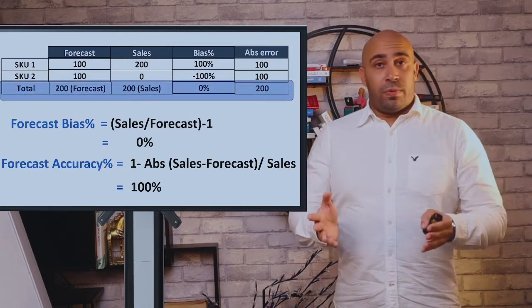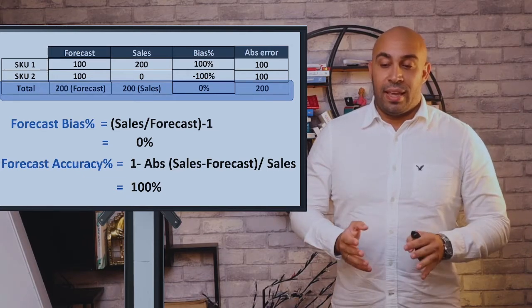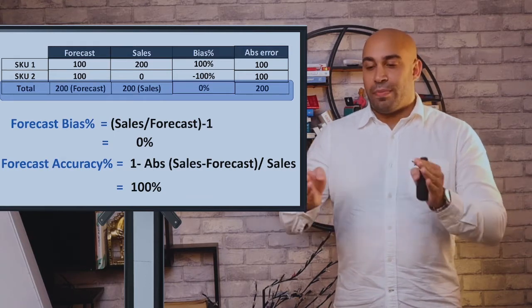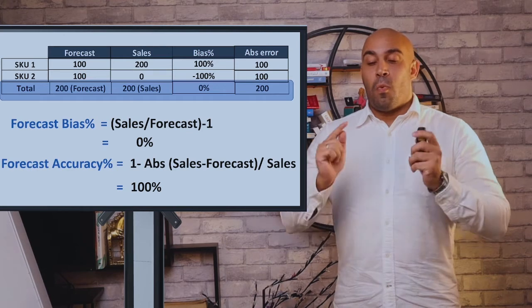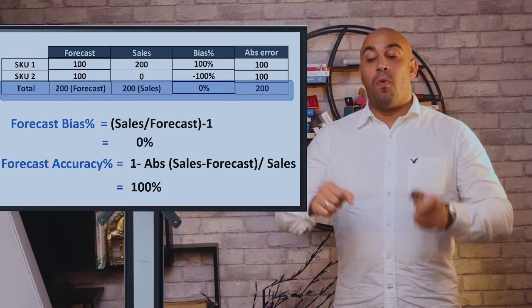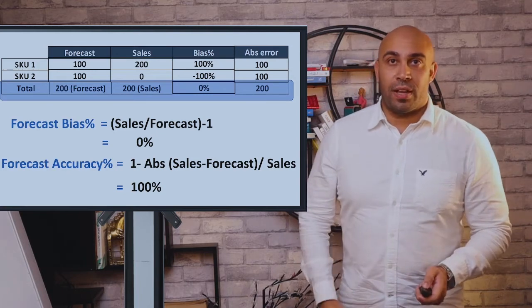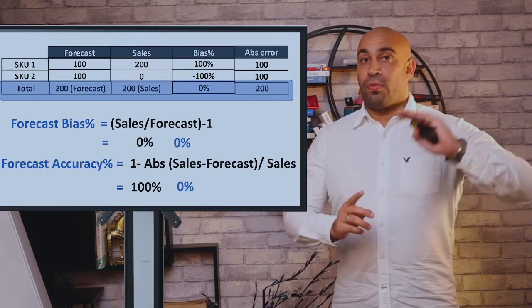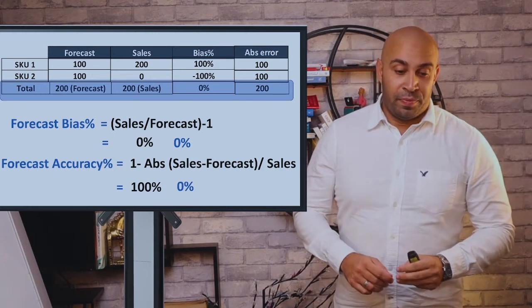Forecast accuracy, as we said, is 1 minus absolute sales minus forecast over sales. At this level, the absolute error, which is sales minus forecast at SKU level, will be 200. Then 1 minus absolute 200 over 200, so our forecast accuracy here will be 0%. So forecast bias is 0%, and forecast accuracy will be 0%.